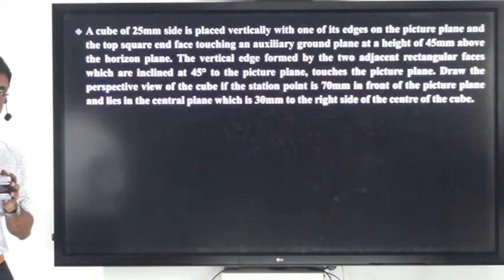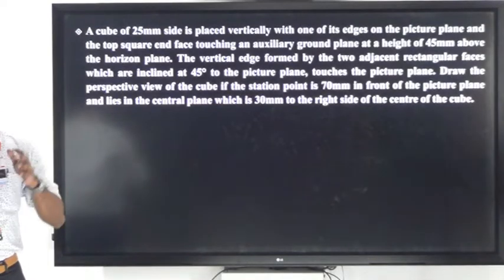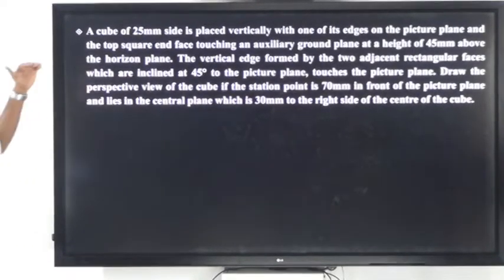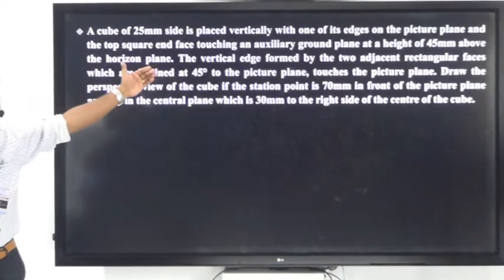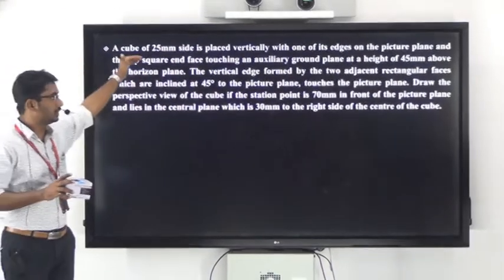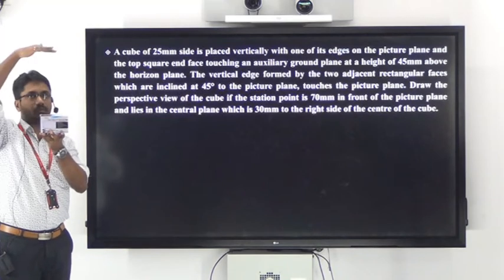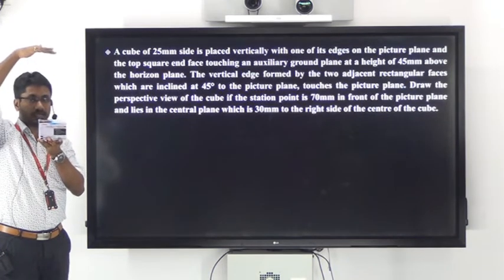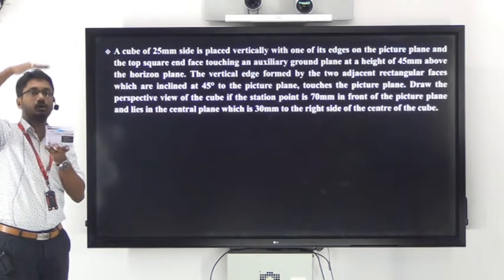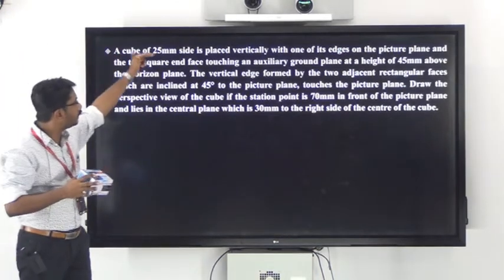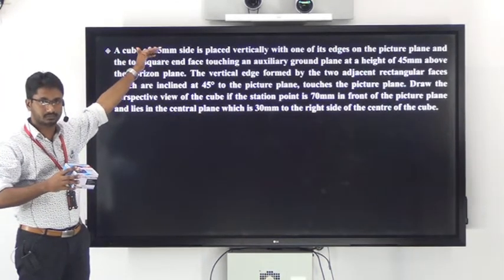So the horizon plane is at the level of the observer's eye, and the height difference between the horizon plane and the auxiliary ground plane is 45 mm. That means the auxiliary ground plane is 45 mm above the horizon plane, or 45 mm above the observer's eye, and the side of the cube is 25 mm.